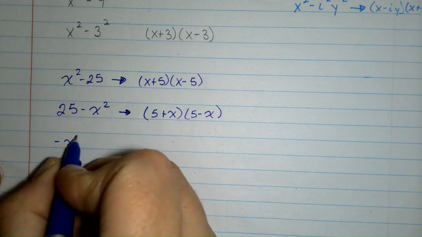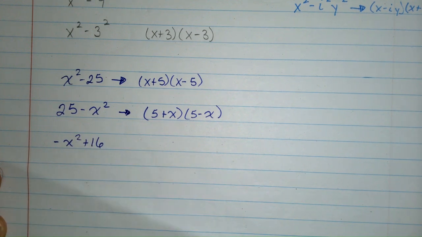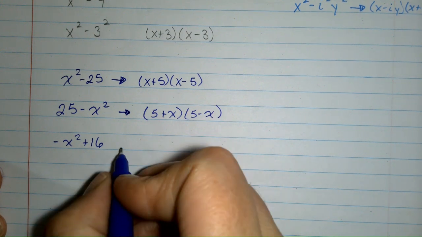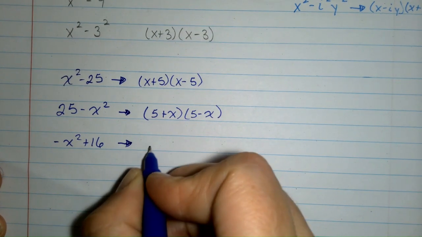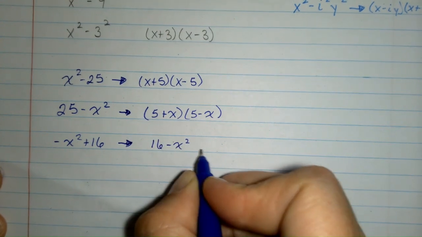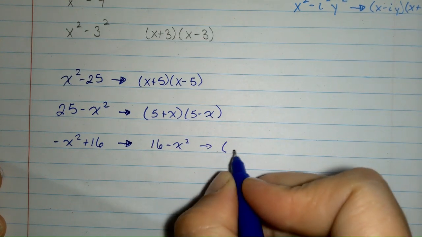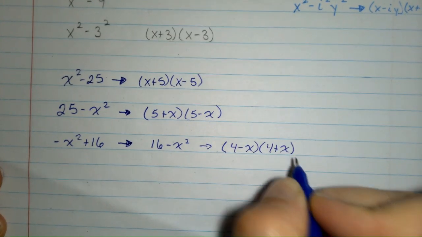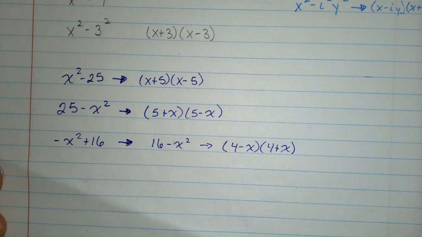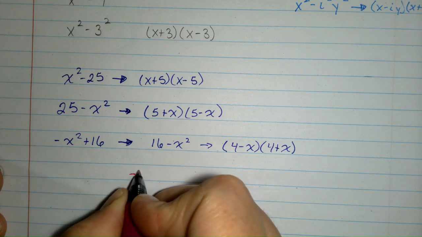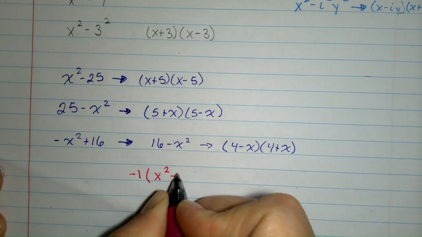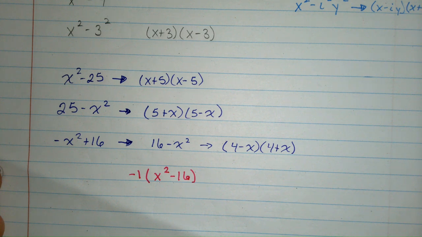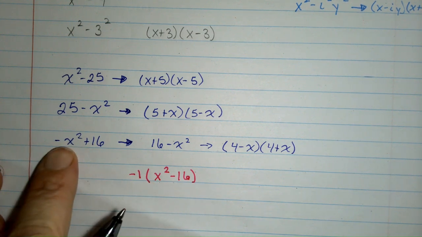What about negative x squared plus 16? This looks like it's not a difference of two squares, but I can add in either order. So the first thing I'm going to do is I'm going to make this 16 minus x squared, and do 4 minus x, 4 plus x. Or, I'm going to GCF out a negative 1 and make that negative. So double check, negative 1 times x squared, yep.